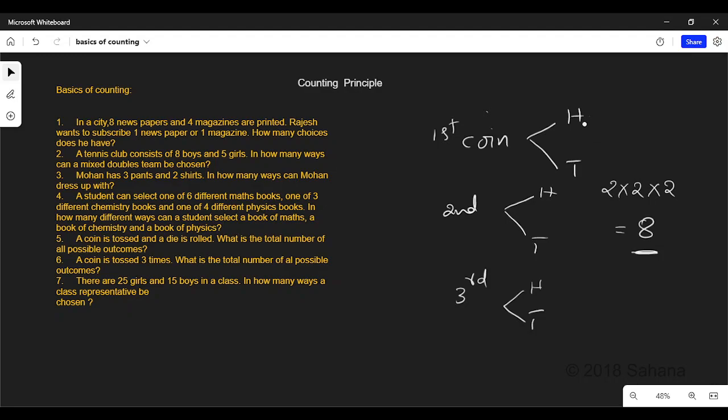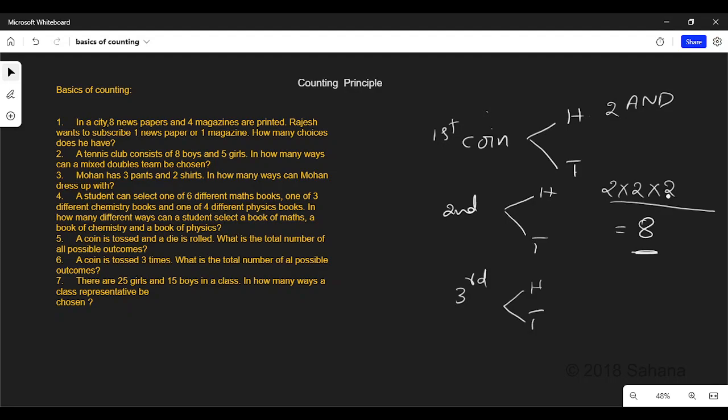You got my point? The same task is done thrice, and the options are the same: head or tail, every time 2 options. Since I'm doing the action repeatedly 3 times, it's and. When it is and, I have to multiply. Therefore, 2 into 2 into 2.